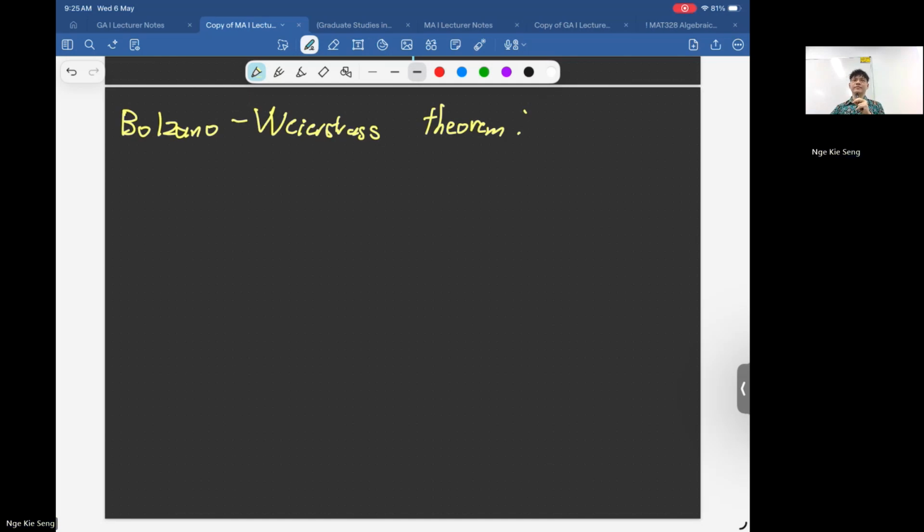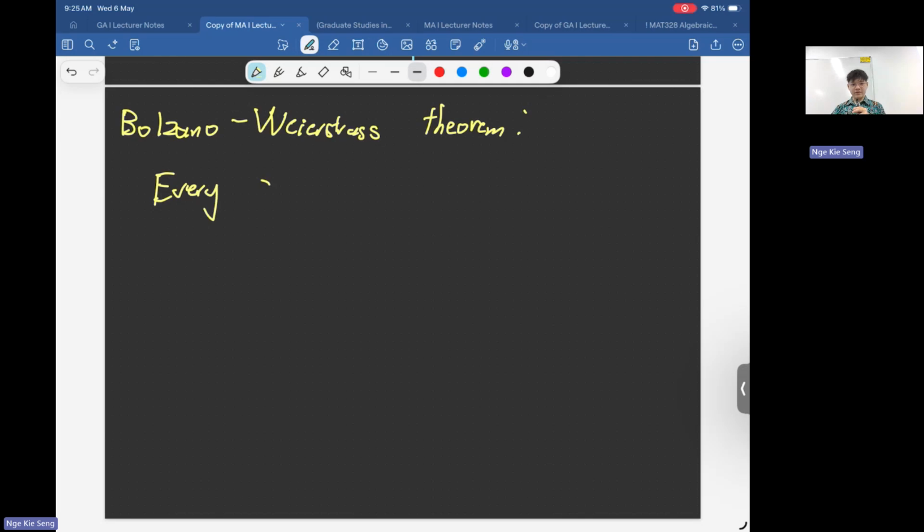Two adjectives. Read the statement. Who else can help? Yes, closed and bounded. Okay, very important. This is what we will call compactness later.